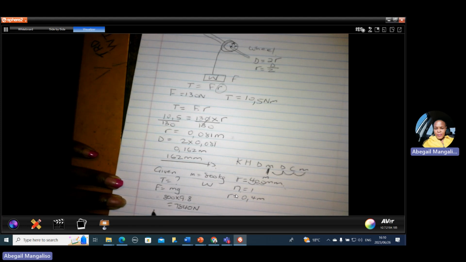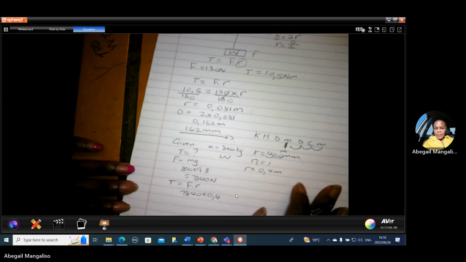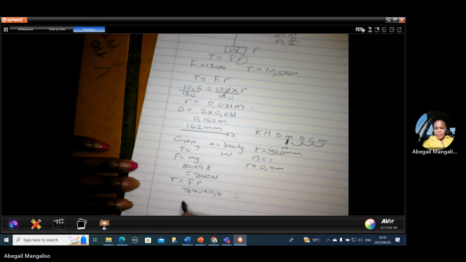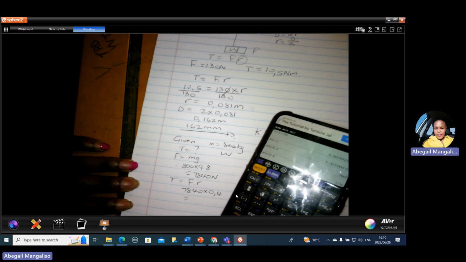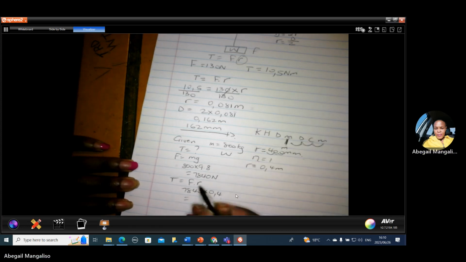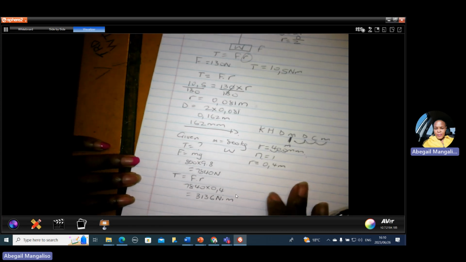The formula is torque equal to force multiplied by radius, which is 7840 multiplied by 0.4. The answer is 3136, so the torque is 3136 Newton meter.